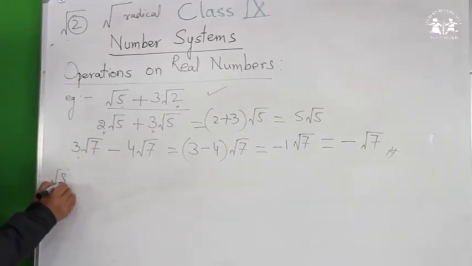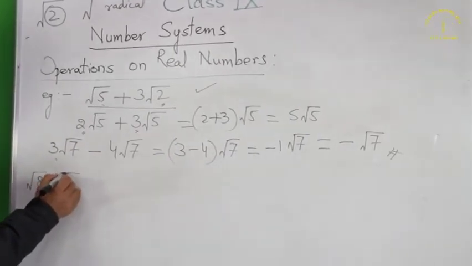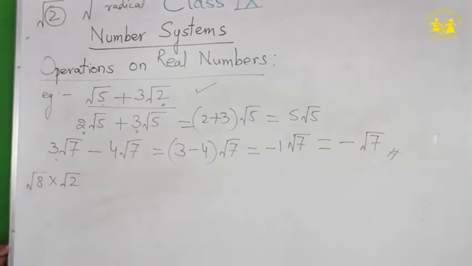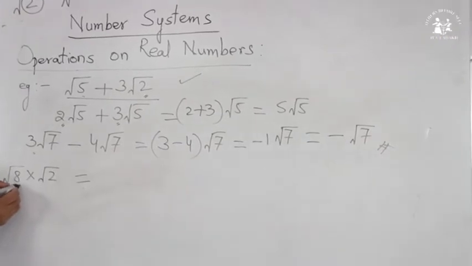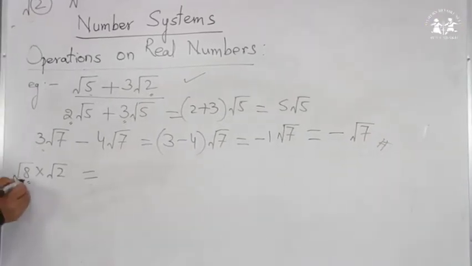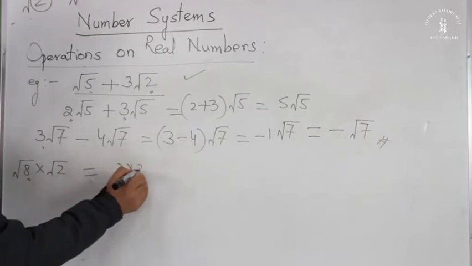Now multiplication. Square root of 8 into square root of 2. The factor of square root of 8 is 2 into 2.